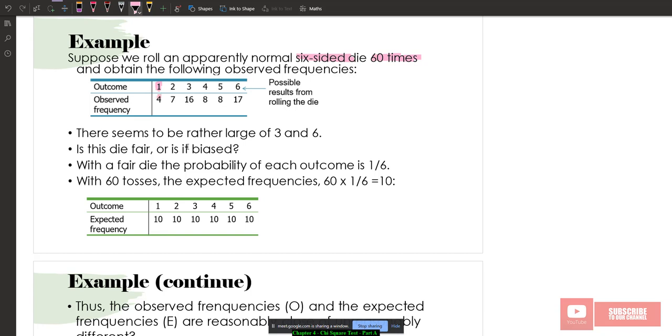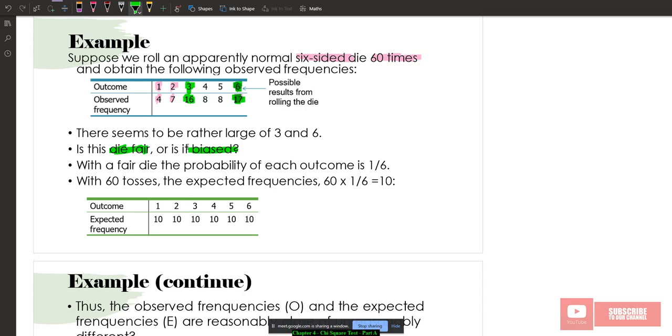Number 1 appeared 4 times, number 2 appeared 7 times, and number 6 appeared 17 times. If you look at this result, number 6 is the most frequent outcome for rolling the die 60 times. So the question is, we want to know whether this die is fair or biased.